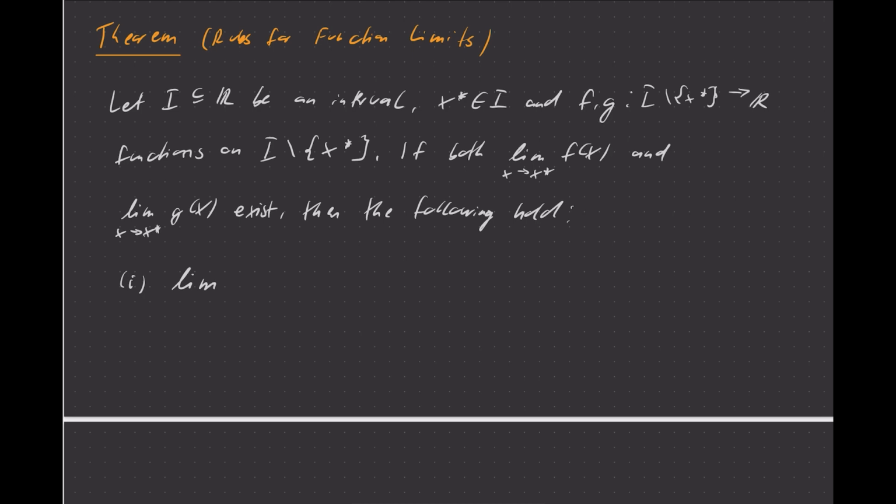So more concisely, the limit of f of x plus or minus g of x as x tends to x star is the same as the limit of f of x as x tends to x star plus or minus the limit of g of x as x tends to x star.